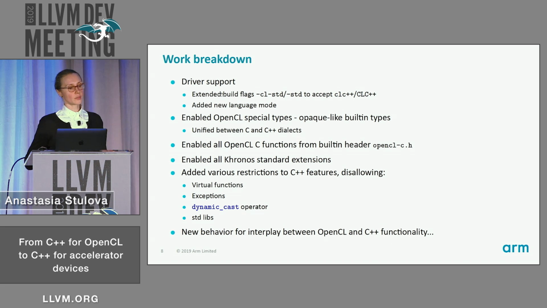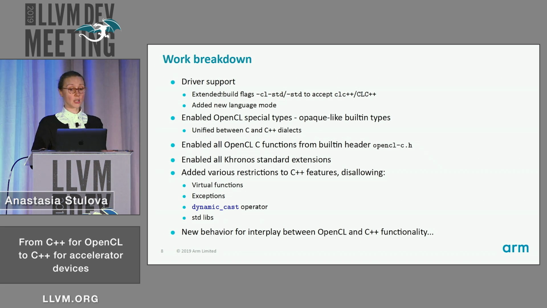So the majority of the time, we just had to move the functionality from OpenCL C and be able to share it with C++ paths. We also had to enable all of the built-in functions from the standard header to work in this new mode, and all the Khronos standard extensions are also available and enabled.